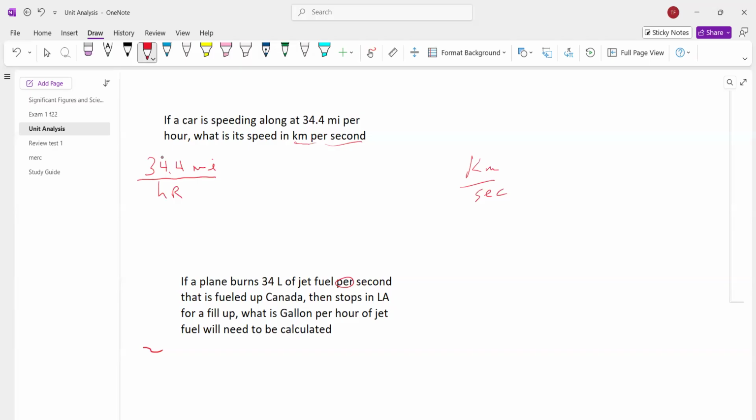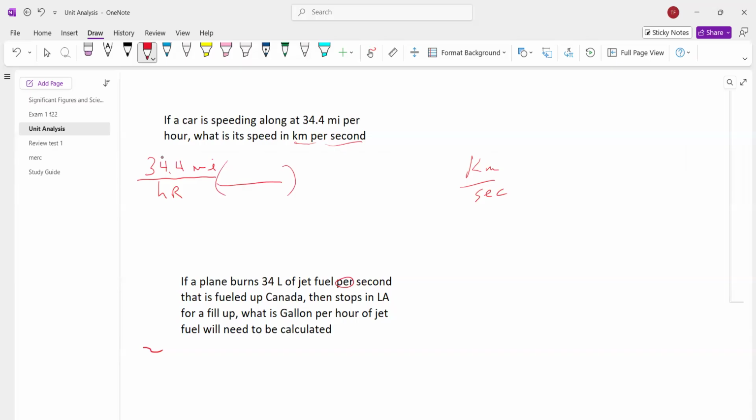You start with linear, you cannot end with a fraction. They've got to be the same. Fraction to fraction, linear to linear. Fractions are really 2 problems together. The first one is we convert miles to kilometers and then hours to seconds, or vice versa. So what do you want to do first? Let's do hours to seconds.